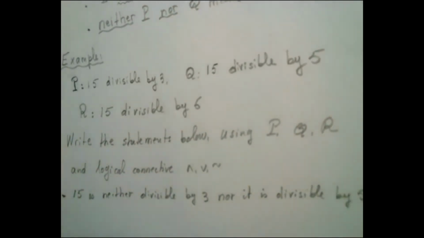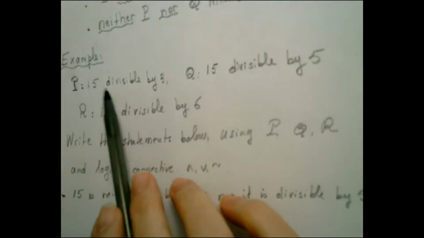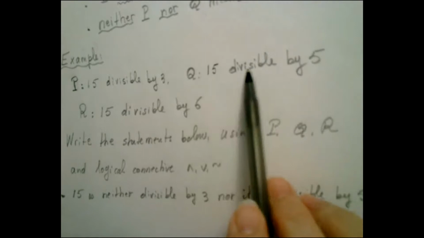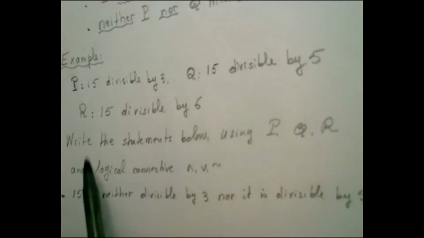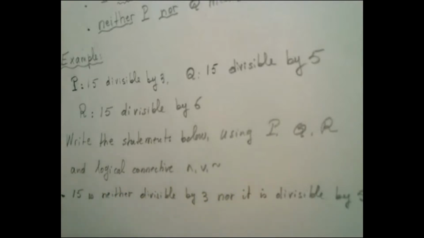So, for example, suppose I introduce three statements. P: 15 is divisible by 3. Q: 15 is divisible by 5. R: 15 is divisible by 6.